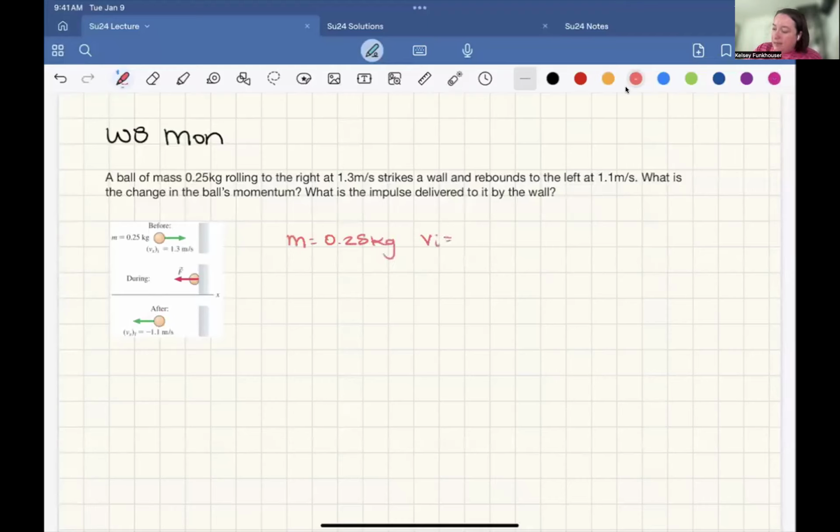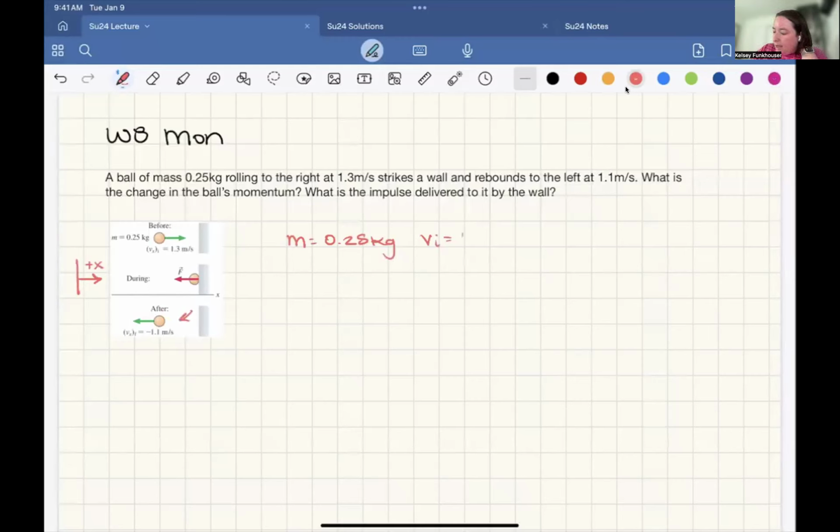Our initial velocity, and this is the point where we need to be careful. We need to pay attention to the direction of motion here. So we are going to stick with our convention that positive motion is to the right. That way, after the collision, when it's moving to the left, it's negative.